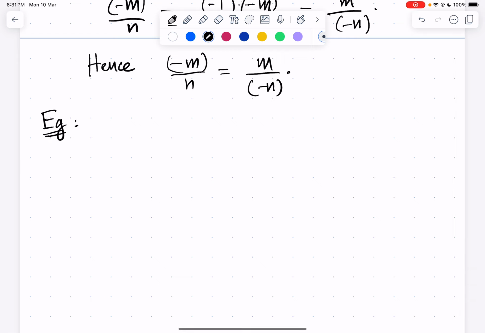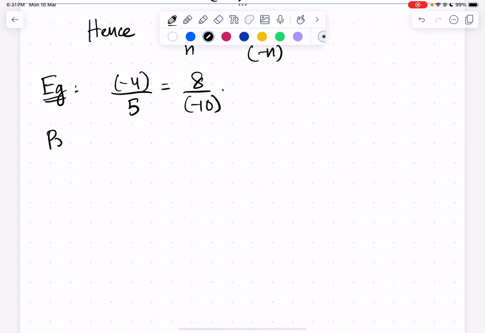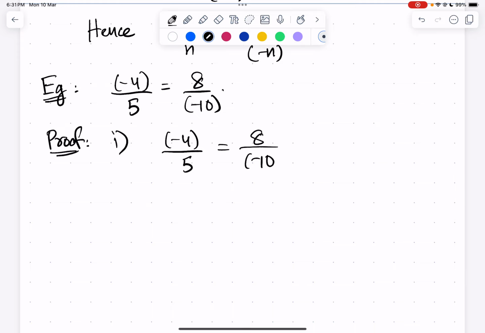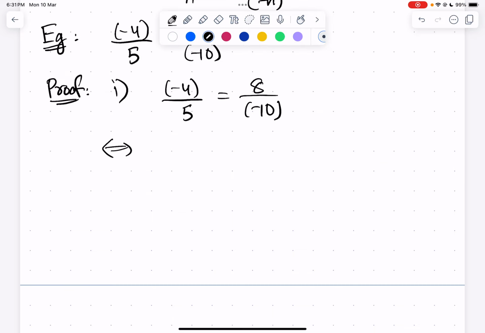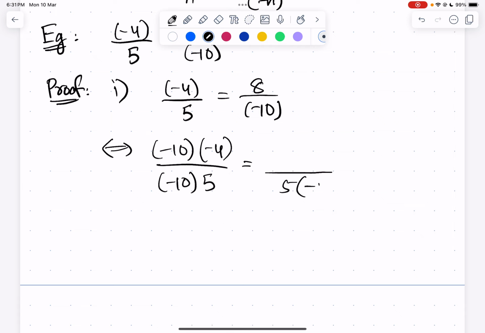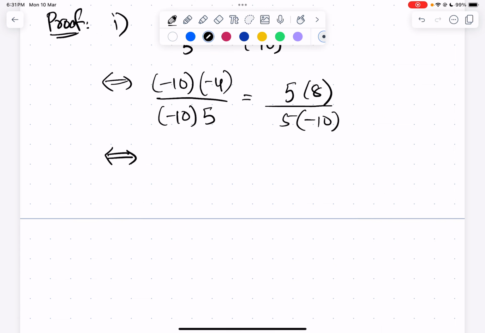Another example: minus 4 by 5 equals 8 by minus 10. The proof is, in the first way, as usual, minus 4 by 5 equals 8 by minus 10 if and only if minus 10 times minus 4 by minus 10 times 5 equals 5 times 8 by 5 times minus 10. This happens if and only if the numerators are equal, so minus 10 times minus 4 equals 5 times 8.